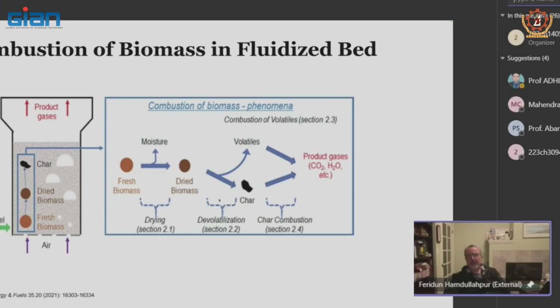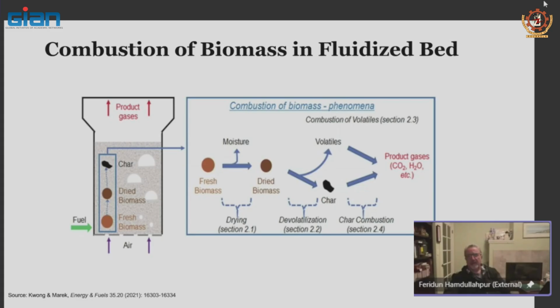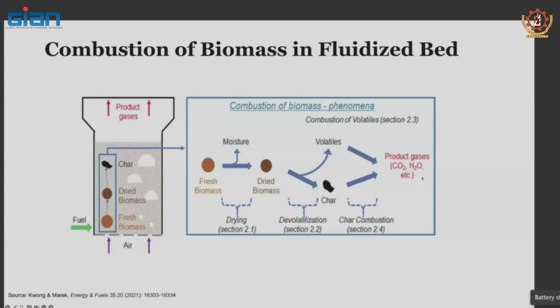Another is the gaseous matter. Under heating conditions, they will leave the [biomass], and char, all the part, much faster than the char, and then nevertheless you have oxidation of carbon that results in the form of carbon dioxide, and oxidation of hydrogen that results in the form of water vapor leaving here.